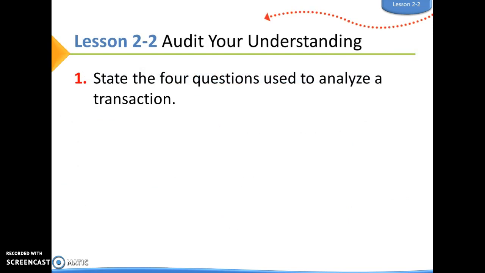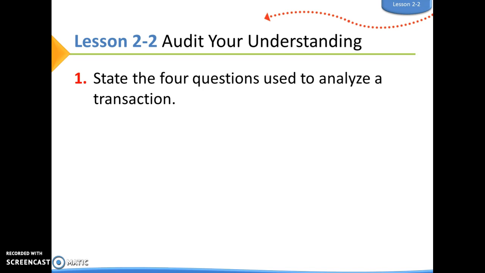Okay, so there are 4 questions that need to be answered when analyzing a transaction. Anybody know what they are? What accounts are affected? You have to ask those things. What else? How is each account classified? Okay, then you have to classify them. You have to say, is it an asset, a liability, or owner's equity?